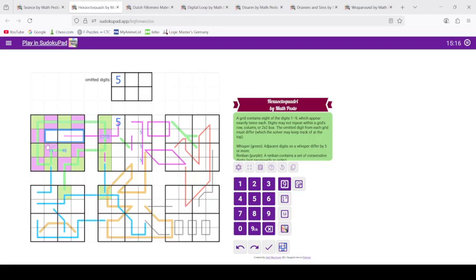Where does 3-7 go? The green 3-7. Could go in any of those. It has to go in at least one of them.